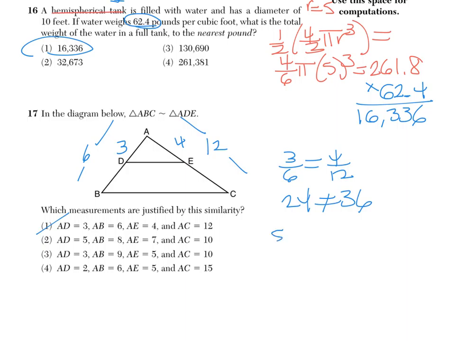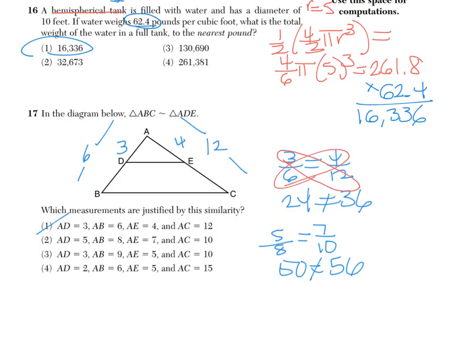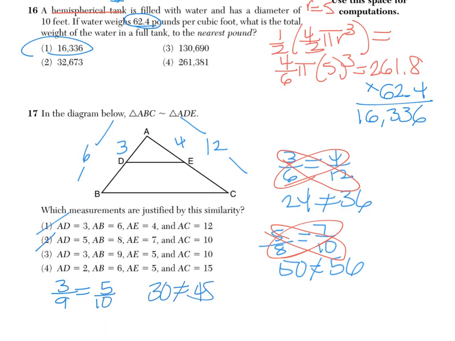So 5/8, is that equal to 7/10? So 50 does not equal 56. And of course what I'm doing is cross multiplying here, as you probably already knew. Is 3/9 equal to 5/10? 30 is not equal to 45, so this one doesn't work.